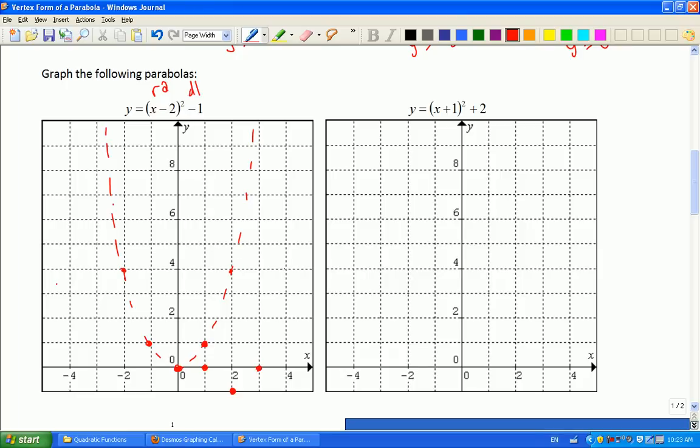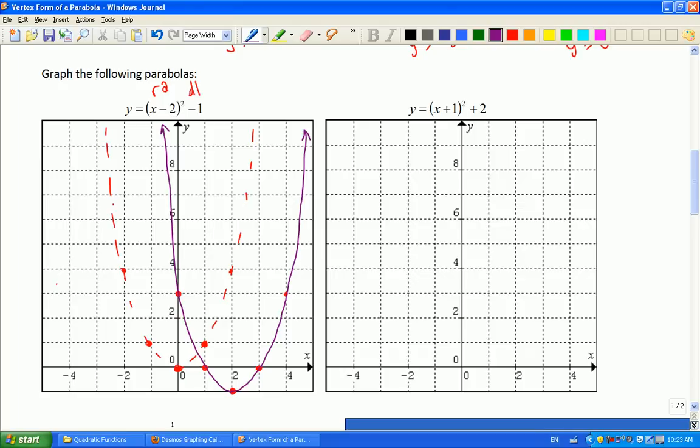And then 2 to the right, 1 down, 2 to the right, and 1 down. So here's the new parabola, and I'll do it in a different color so it's easier to see. Which is again the same graph, but moved 2 units to the right and 1 down.